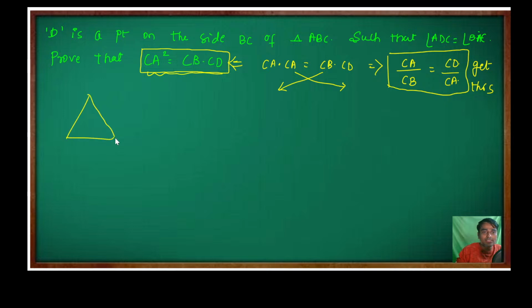Triangle is ABC. So let me write triangle ABC like this. D is a point on the side BC, that means D is here. So I can draw one altitude like this. Angles are given: ADC is equal to BAC. These angles are given. So how will you begin?